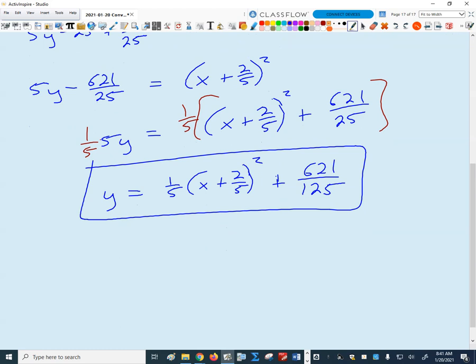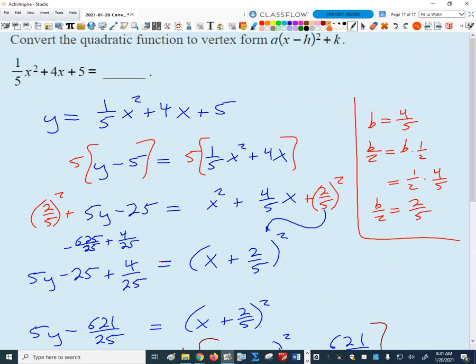How could I check this on Desmos? I just want to make sure I did this right. So one way I could do this is, well, I could do negative b over 2a, right, for h. So I'm going to get negative 8 divided by 2/5, which is negative 8 times 5/2.